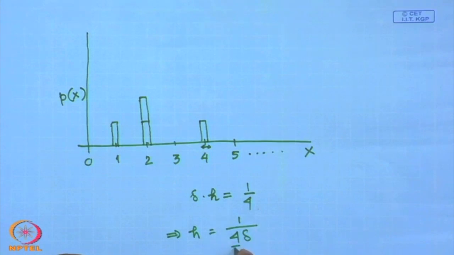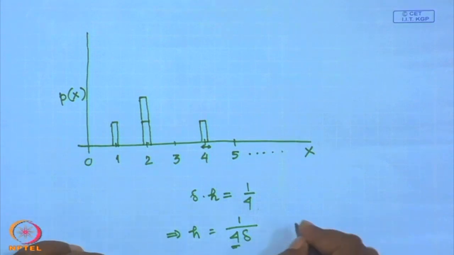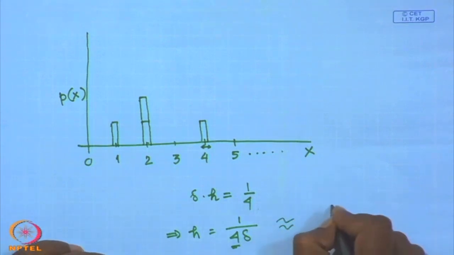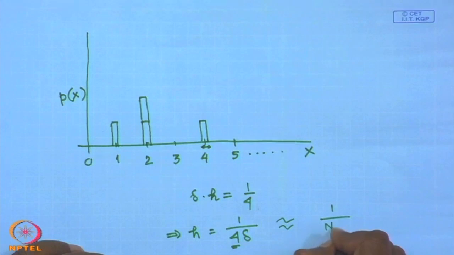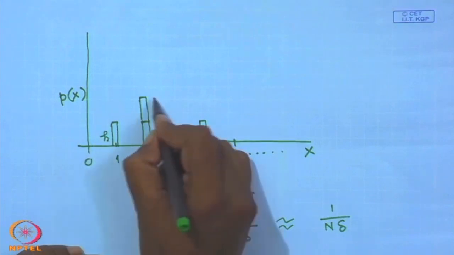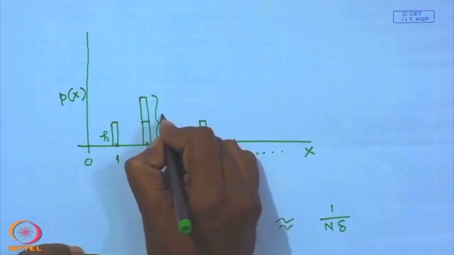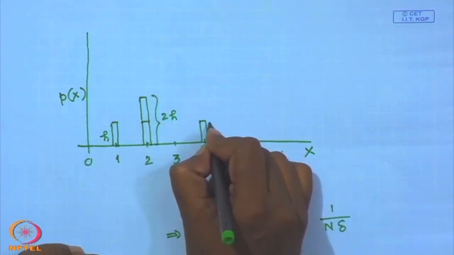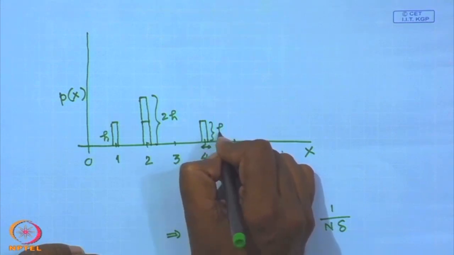Here this is 4 because I have 4 samples to estimate the probability density function. If I have n number of samples, then this h will be 1/n times delta. So, the height of this delta function will be h, the height over here will be twice h, and the height over here again will be h.